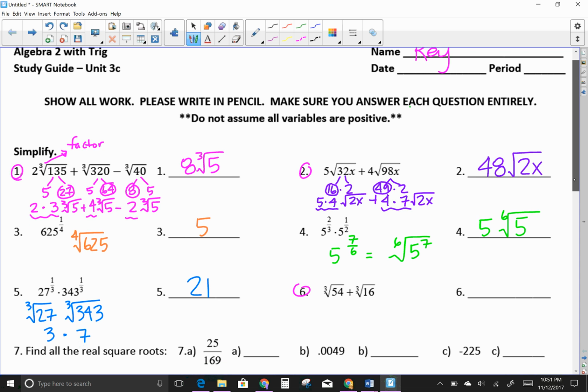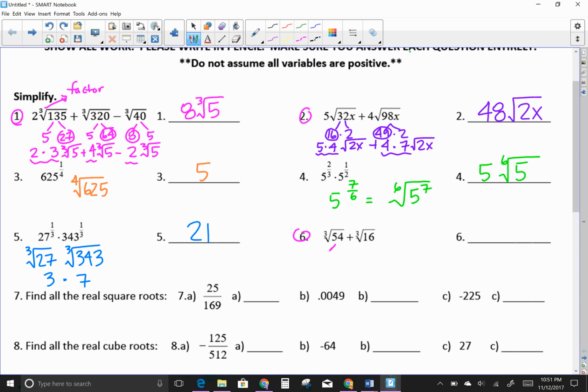All right, another cube root. 54, looking at your cubes or knowing them, 54 is 2 times 27. That is a perfect cube. It comes out, so you have to pay attention to what this is, because it's telling you how many times you have to see a factor before you can pull it out. And there are 3 3's in the number 27.